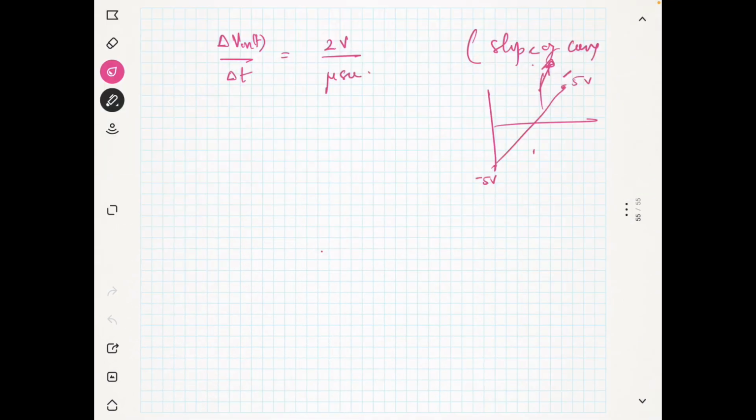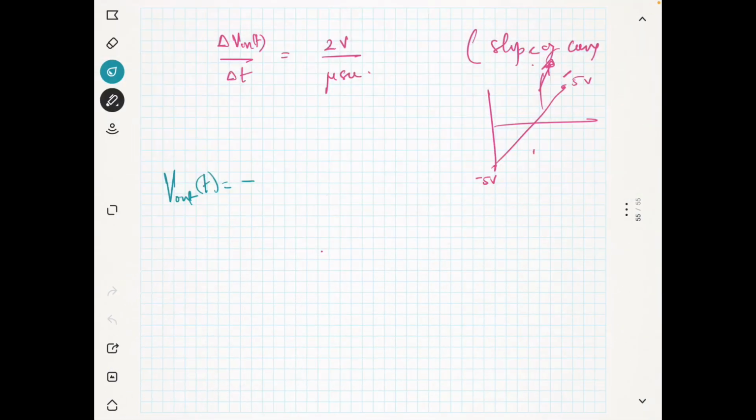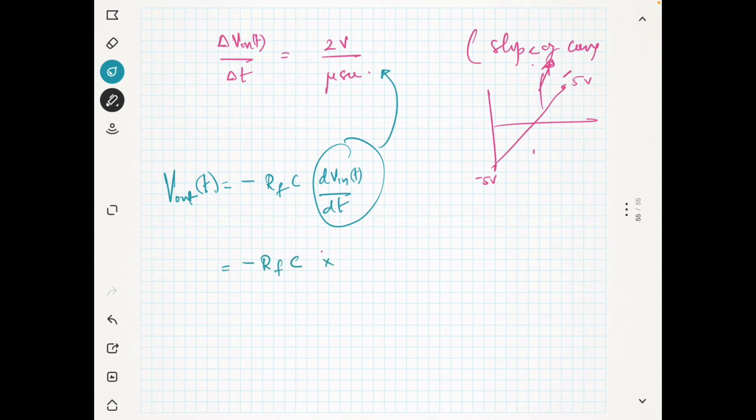Now we know that V out of t is equal to minus Rf into C into dV in of t by dt. Now you know what this number is. Actually this is nothing but 2 volt per microsecond, so it is minus Rf into C multiplied with 2 volt per microsecond.